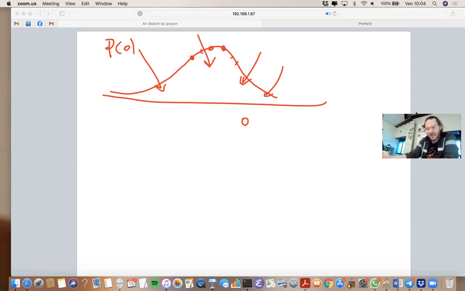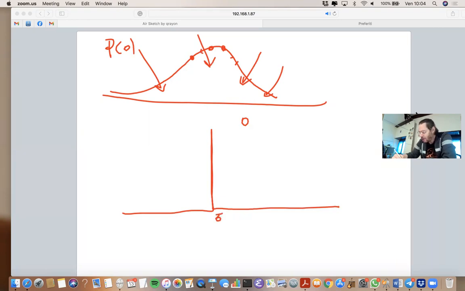How do I distinguish this scenario, which is the one we considered for position measurements in the ground state of, say, a harmonic oscillator, from a situation where anytime I measure something, I always find the same value, say, about here? And obviously, a way to do it is to estimate the width of this distribution.